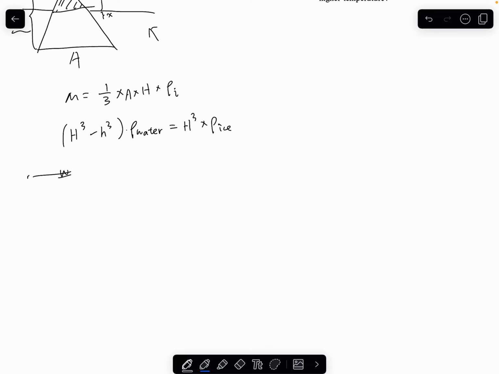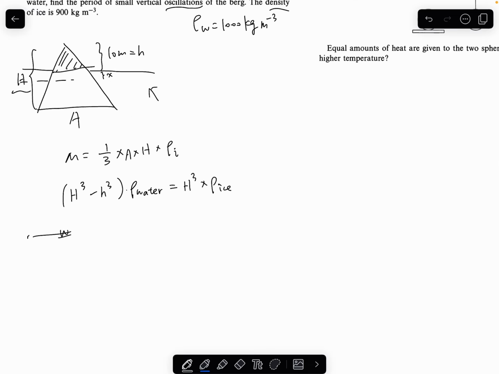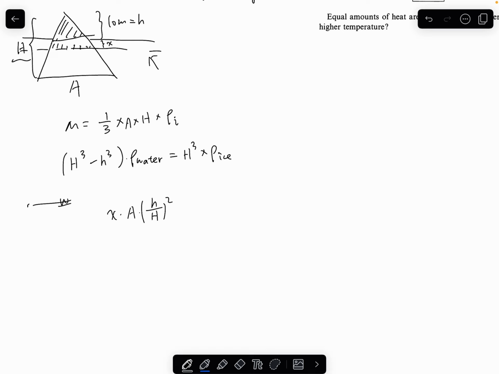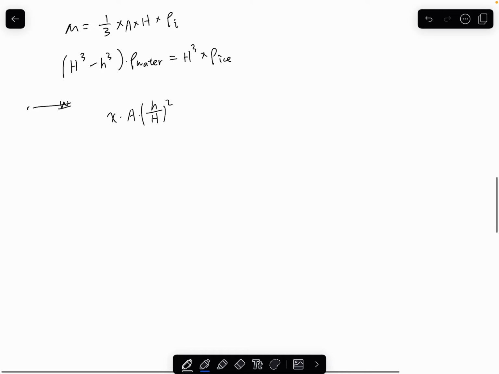The additional submerged volume would be x times A times small h over capital H squared, because we can treat this as a rectangular thing since x is very small. So the total upthrust would be the volume times rho water times g.